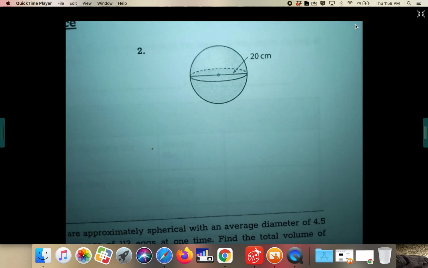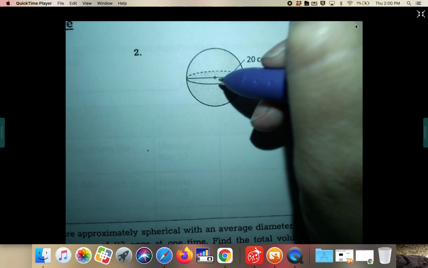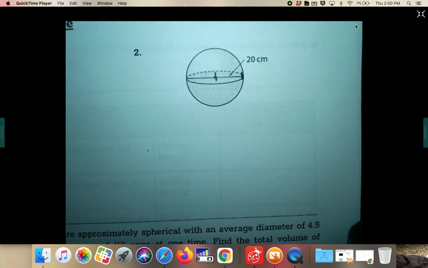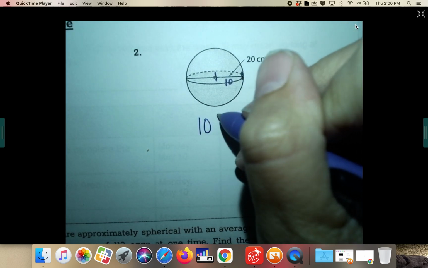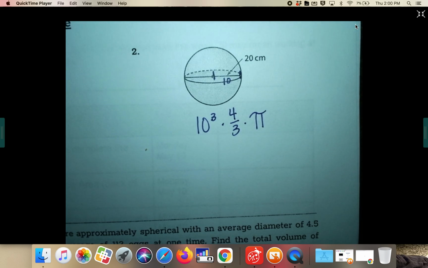All right, for number 2, it gave us the entire diameter, and you don't use a diameter in the formula. You only use our radius, which is half. So half of 20 is 10. So we are going to use 10 cubed times 4/3 times pi.